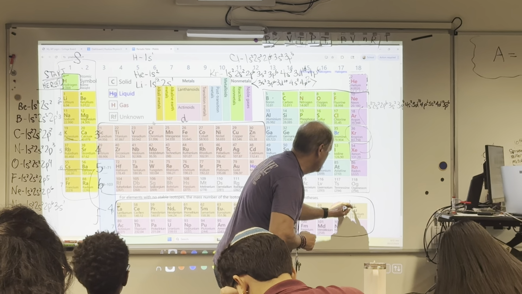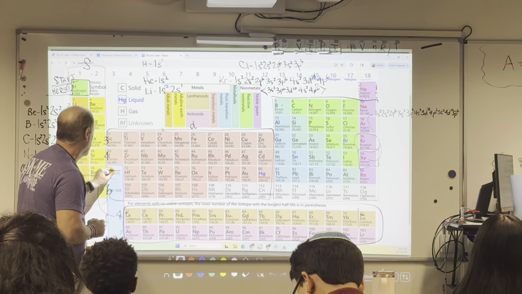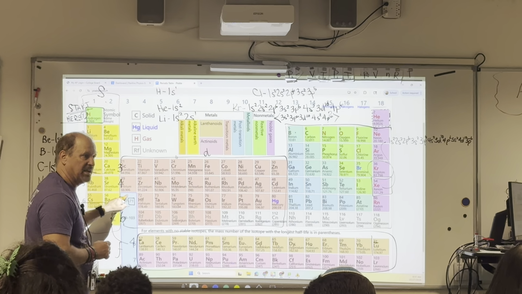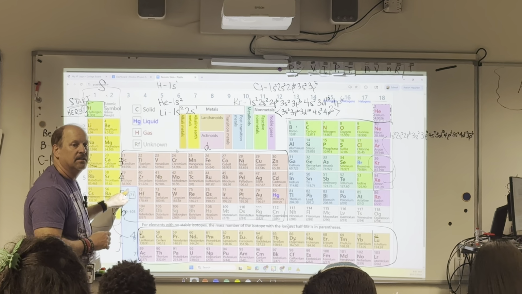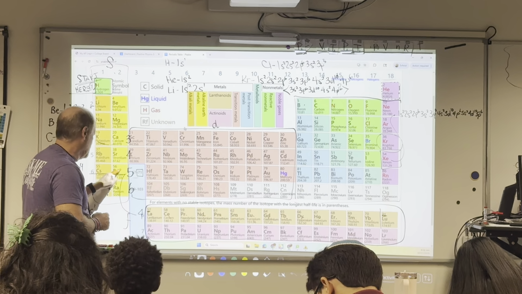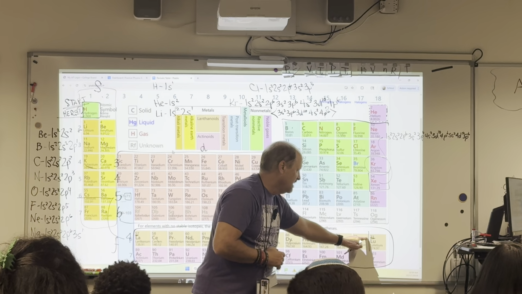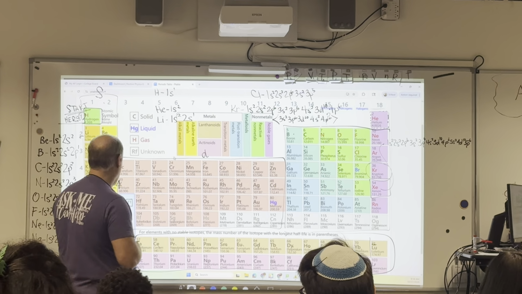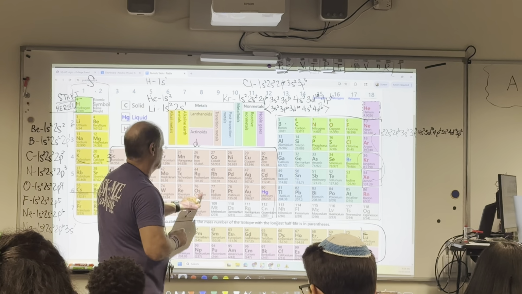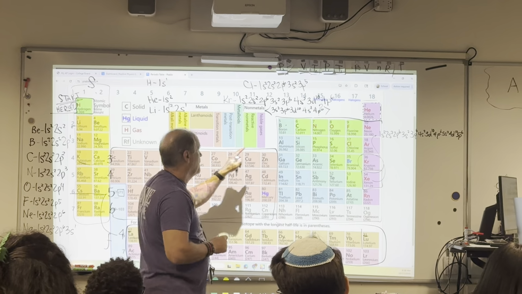And 71 is the beginning of the d orbital. 71 is actually here. I'm going to put a square around 71. 71 takes up this space. Everybody with me? So we're going to go 6s2, 4f14, and then 71 is here. So we'd go to 5d10, and then 6p6.